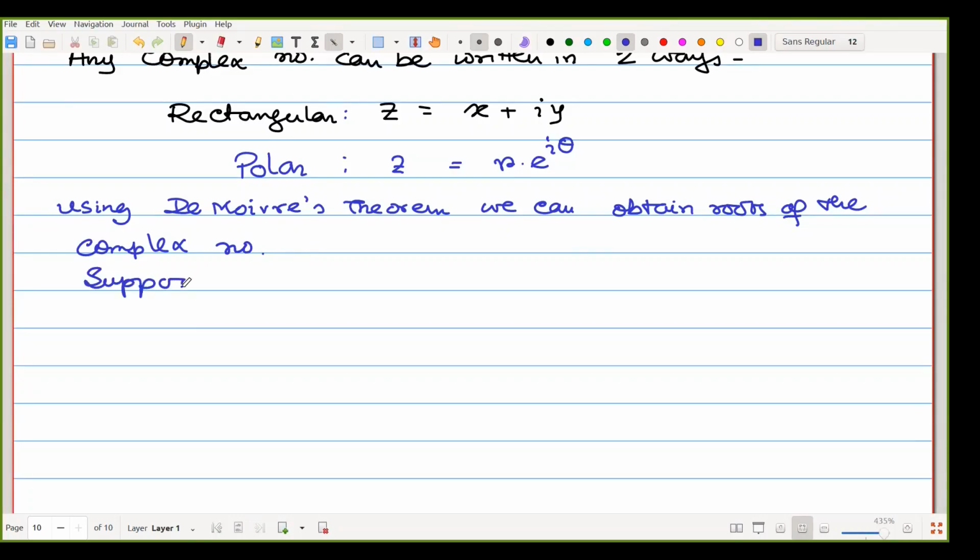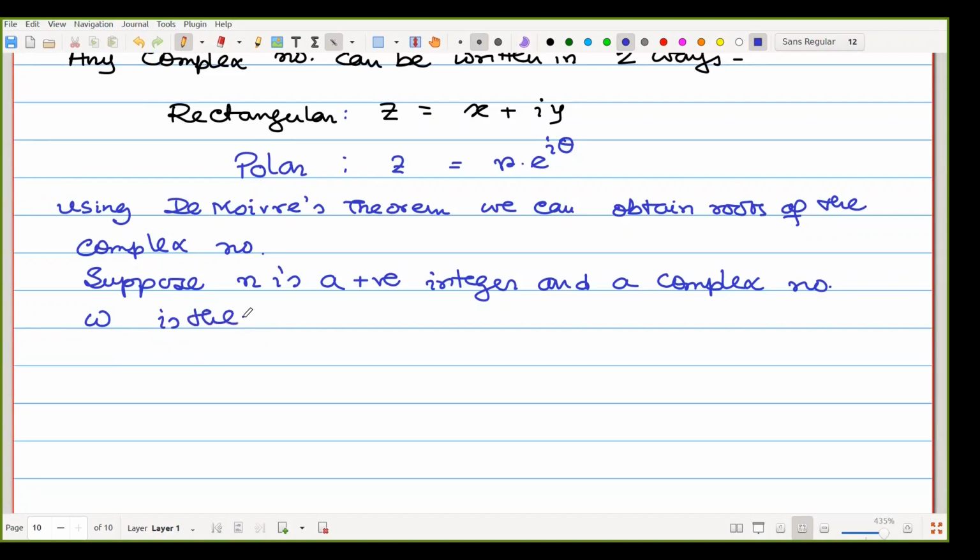Suppose n is a positive integer and a complex number, suppose omega, that is not w, that is omega, is the nth root of z, and that is denoted by z to the power 1 by n as usual.